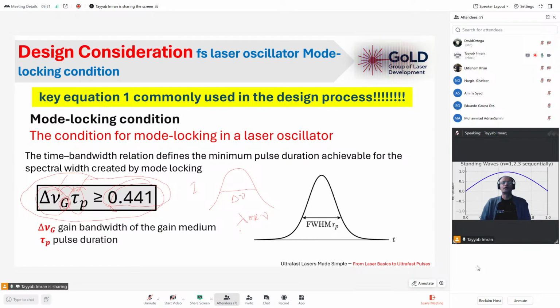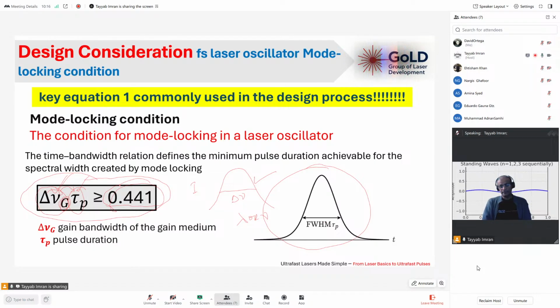So this one here is not this one. It's a gain bandwidth. And pulse duration is obvious. This one is pulse duration here, the full width at half maximum of the temporal profile.